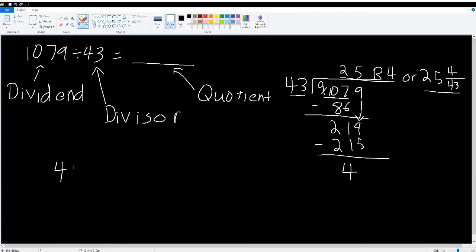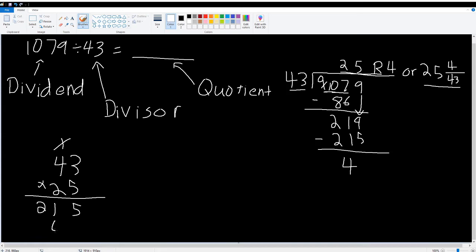So 43 times 25, right? This is 15, right? 5 times 4 is 20, 21. Cross this out. 2 times 3 is 6. Remember, put a 0. 3 times 4 is 8. We have to add these guys together.